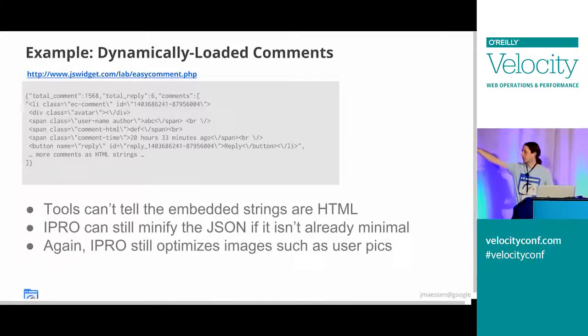So we don't know that that stuff is safe to rewrite. Yet. Maybe someday we will. So we can't tell the embedded strings are HTML, and we can't optimize those. But we can still minify the JSON if it's not already minimal. And we see the load of those user pics. And so we can still optimize the images in those user pics in place and save the bandwidth that they consume.